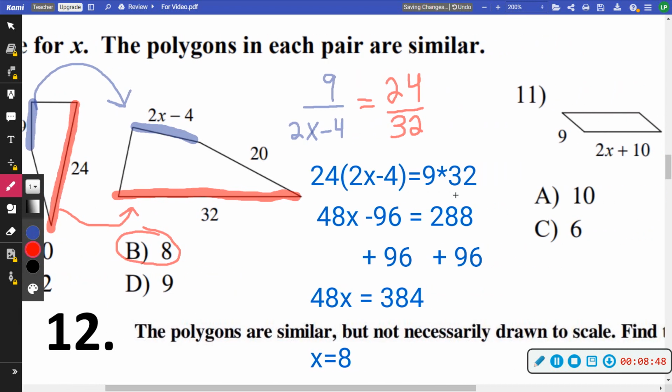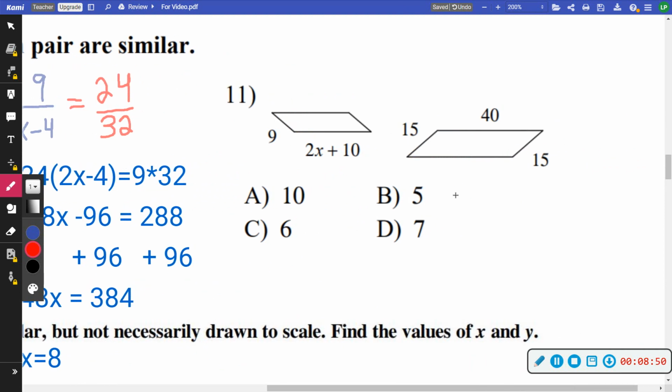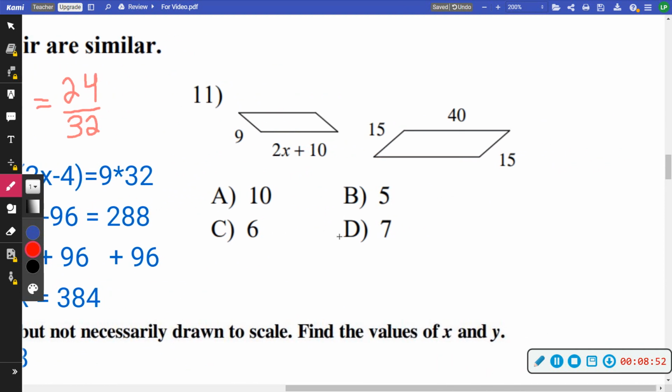Now they want us to do the same thing on number 11. So I would need to decide what goes with what. This looks to be like a parallelogram, so it doesn't really matter. Let's see. So I could do 2x plus 10, and that would go with 40. And then I could do 9 to 15.